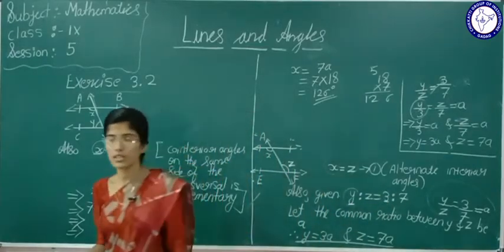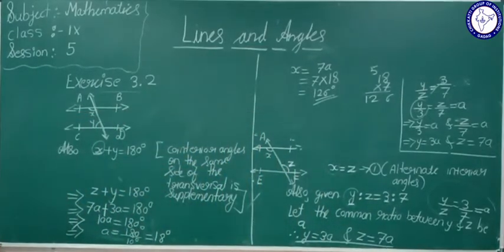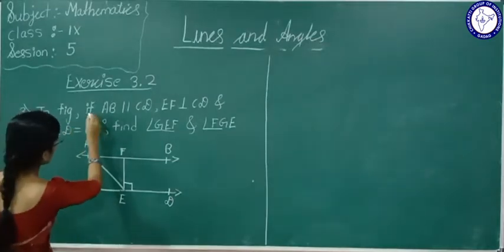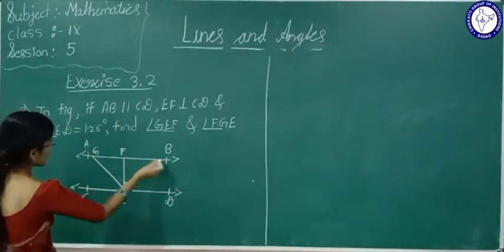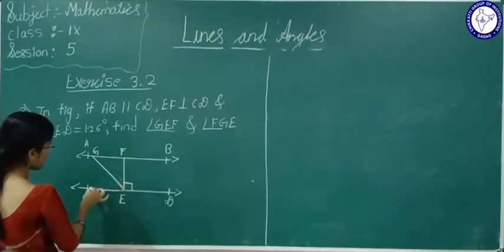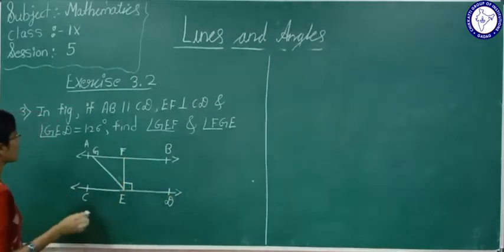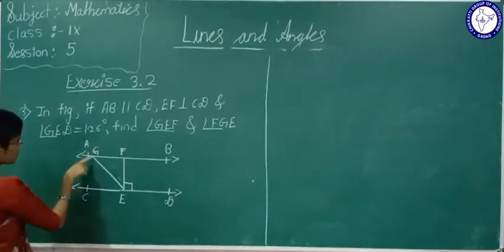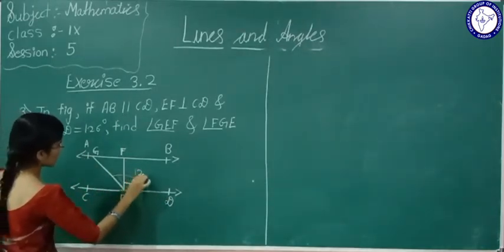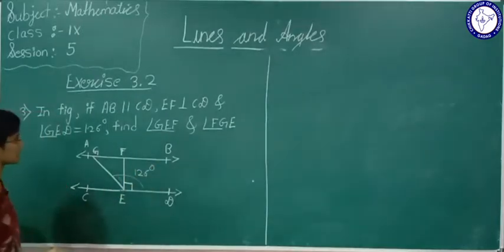Now we will see the third problem. Now see, student, the third problem tells us that in the figure AB is parallel to CD, AF is perpendicular to CD, and GED, they have given the full angle is 126 degrees.